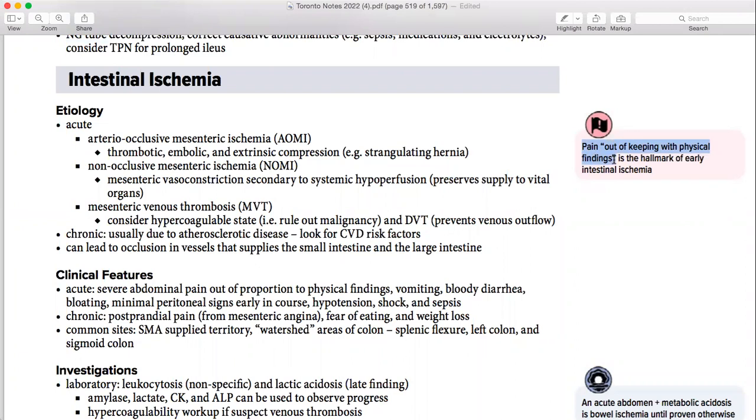Okay. Now intestinal ischemia and mesenteric ischemia. These two are kind of the same, but kind of different as well. How are they different? This is basically the intestine, all of the intestine having ischemia. They are not clearly saying which part has ischemia. But mesenteric ischemia is basically the mesenteric artery.